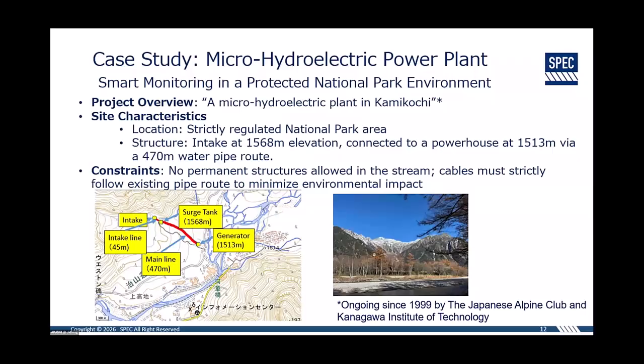So you see here is a detailed map. The elevation drop and 400-meter distance made traditional Ethernet impossible without multiple repeaters, which we can't power easily in the middle of a mountain.